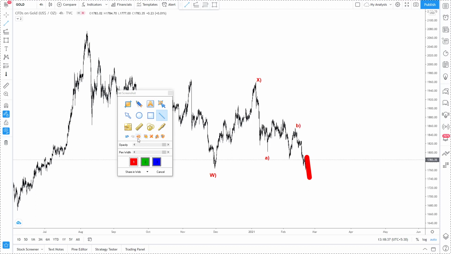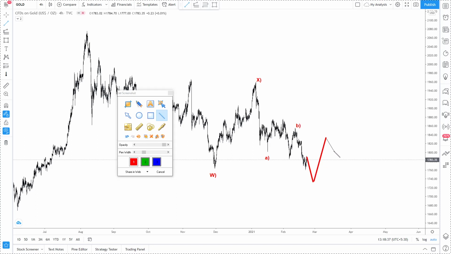So if it ended here sometimes, or it could be a little bit extended, this equals this, in that category.